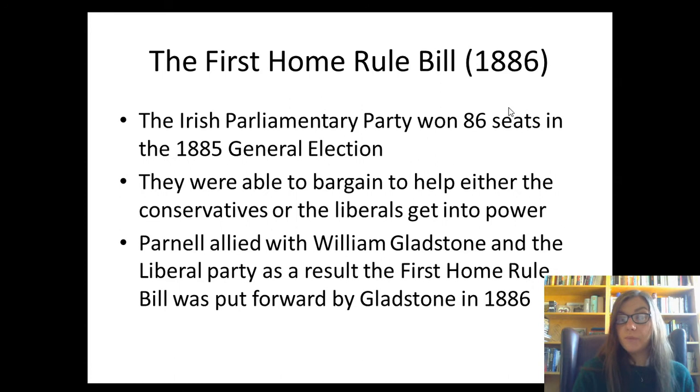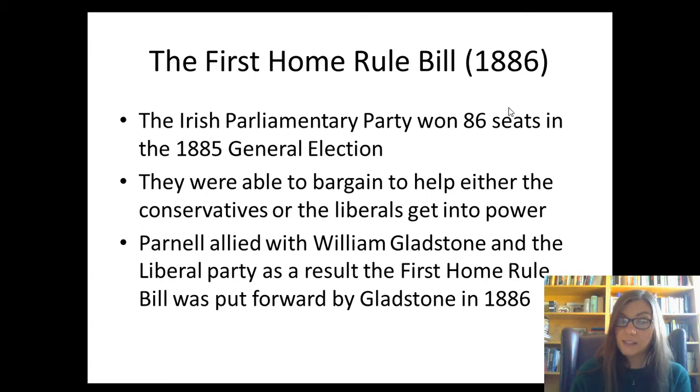They were then able to bargain to help either the Conservatives or the Liberals get into power. So the Conservatives and the Liberals needed extra seats in order to get into government. And the Irish Parliamentary Party was able to use Home Rule as a bargaining tool to help either one of those sides get into Parliament.